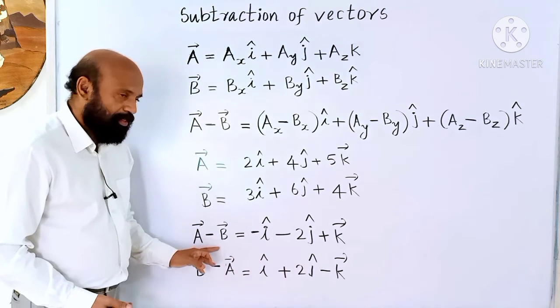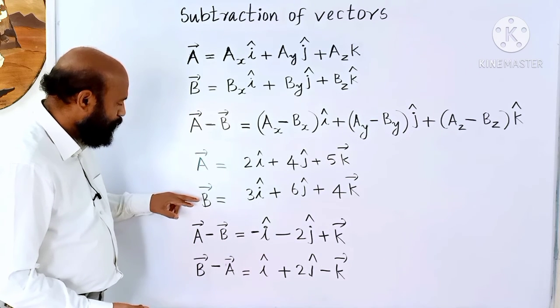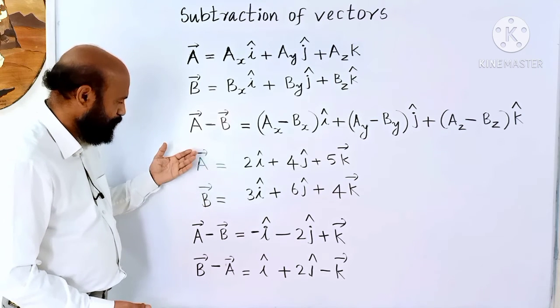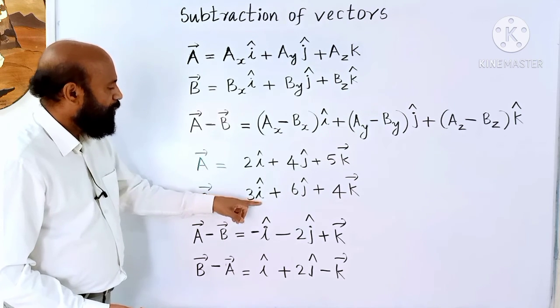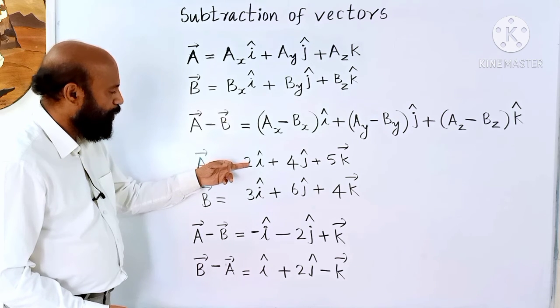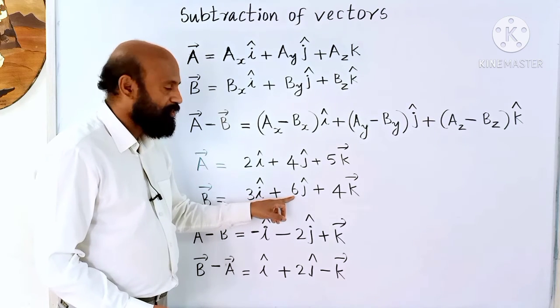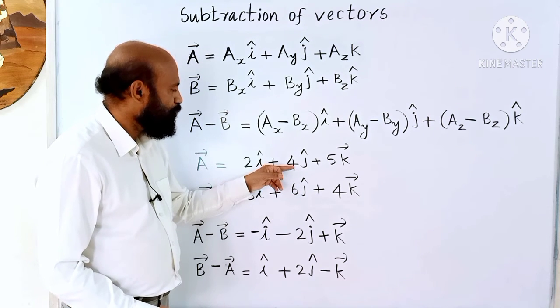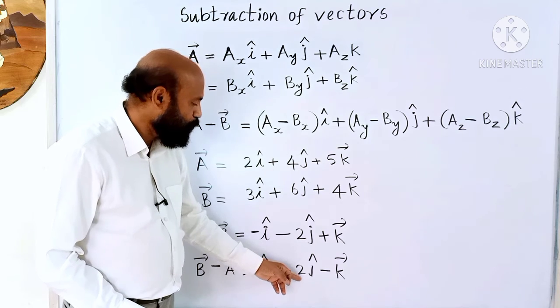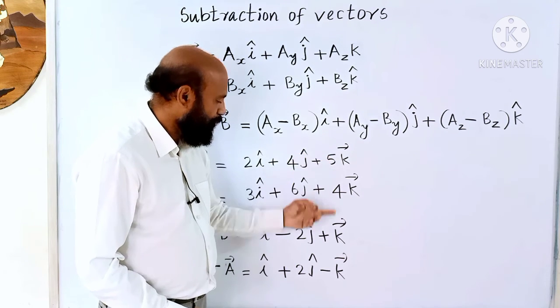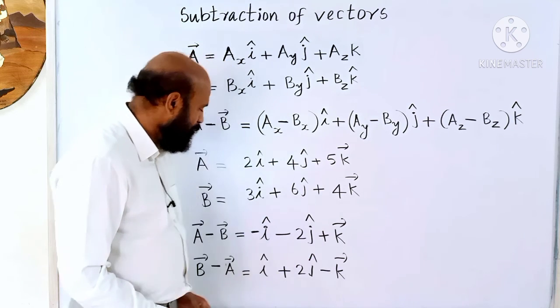So this is A minus B. Now let's get B vector minus A vector. 3i minus 2i, it's 1i. 6j minus 4j, it is 2j. 4k minus 5k, it is minus 1k.